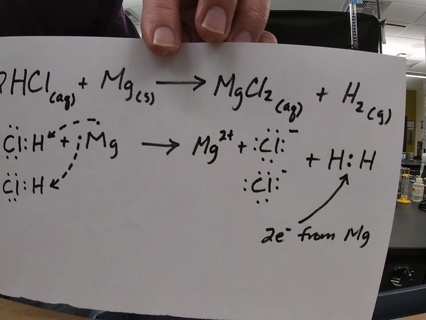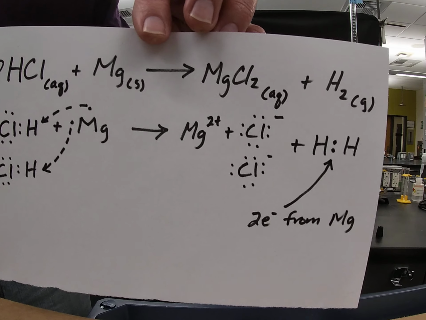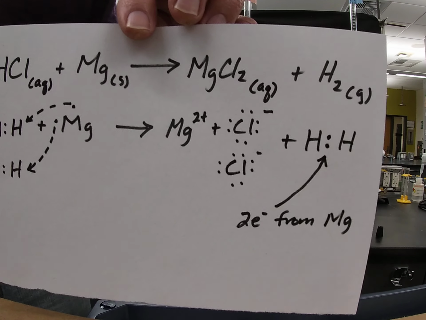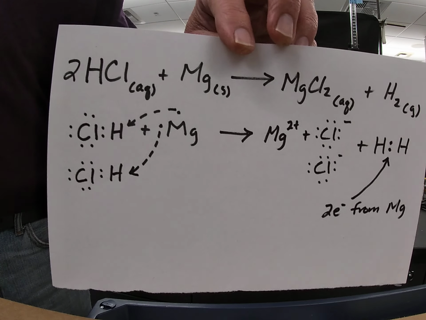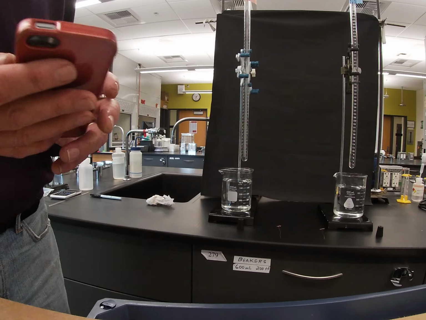And then that H2 gas is the product of the reaction, and we're going to be able to visually see the difference in the reaction rates by using two different concentrations of hydrochloric acid.